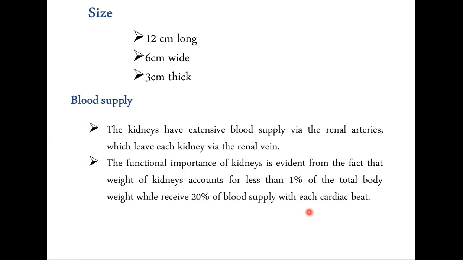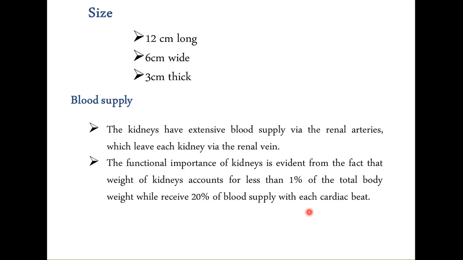अगरचे किडनीज का वजन जो है वो बॉडी के टोटल वजन का सिर्फ 1% होता है या उससे भी कम, लेकिन हर कार्डियक साइकिल के दौरान किडनी में 20% ब्लड आता है. इससे इनकी फंक्शनल इंपॉर्टेंस जाहिर होती है.